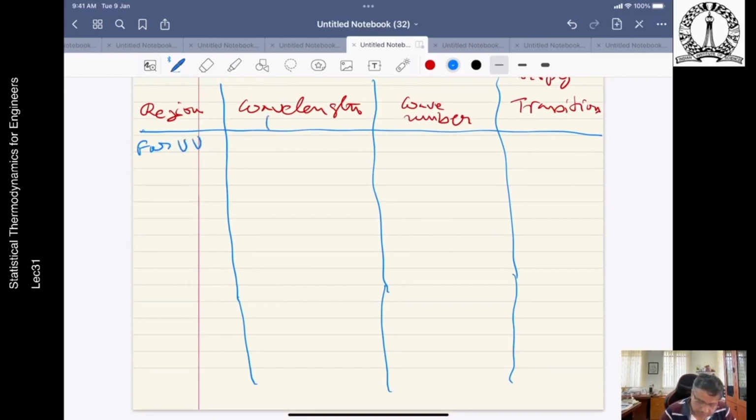This is in nanometer. This is in centimeter inverse. Okay, so 10 to 200 is far UV. And the transition is usually electronic. Approximate once again. So this is written as 6 zeros basically.